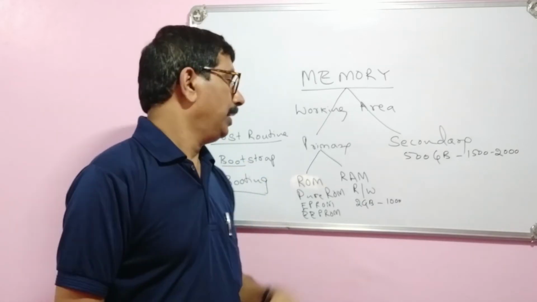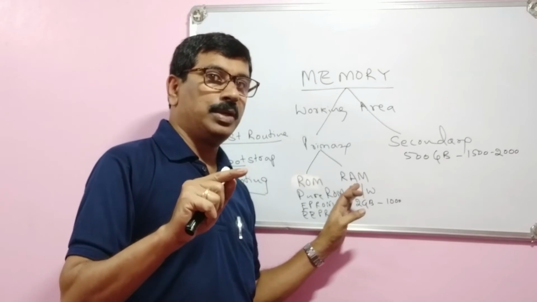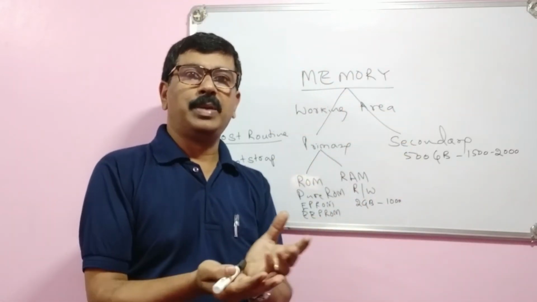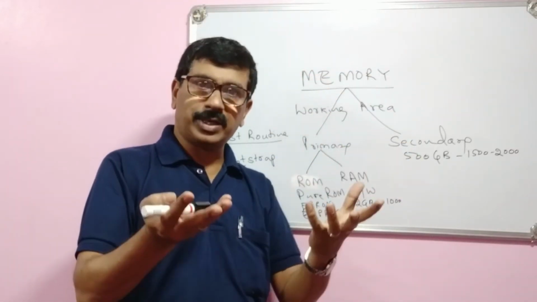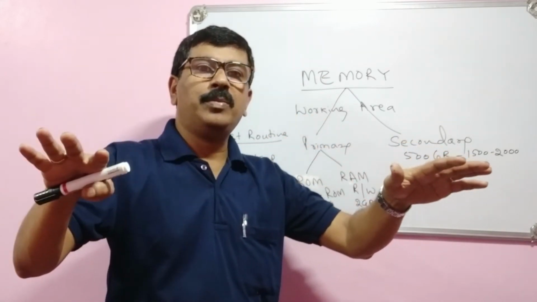The same way in a computer, when you switch on a computer, the RAM will be fresh memory. In that we can start working, and when you switch off, everything in that RAM will be erased.